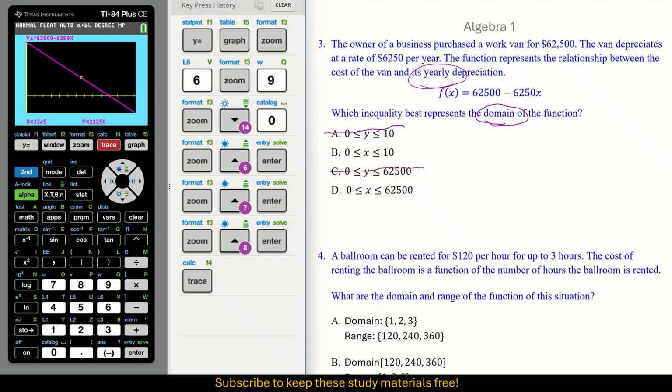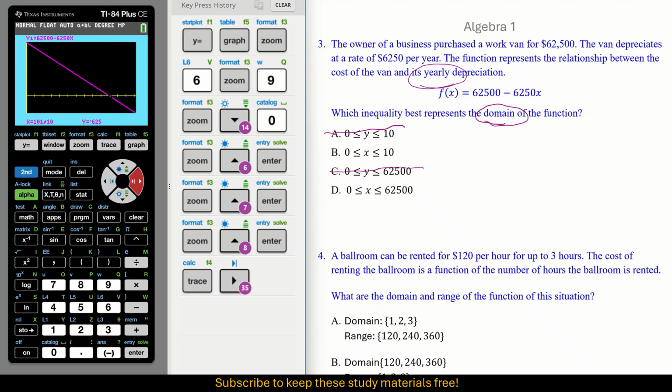Or you could just do trace and see where my little cursor is there. And you use your right arrow, and just keep pushing it. And that's another way to get what you need. And as you see, I have 10 is at 0, which is telling me it ends at 10 years. And of course, I could get in the negative. We don't want that because that's invalid for this particular situation.